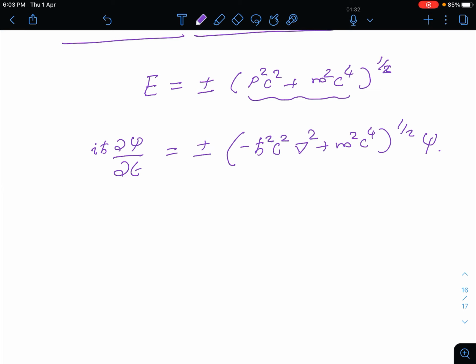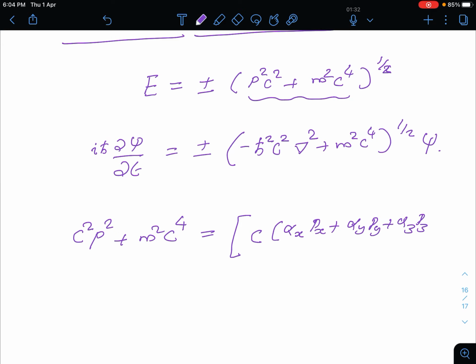So very boldly, very courageously, Dirac wrote p square c square plus m square c raised to 4 is equal to the square of c into (alpha x px plus alpha y py plus alpha z pz plus beta mc). Okay, let us write together.